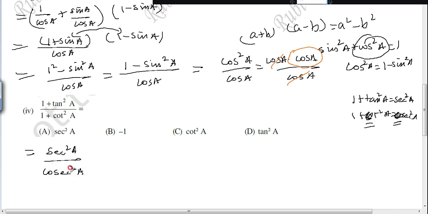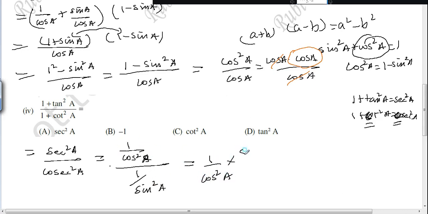1 plus cot squared A is nothing but cosecant squared A. Secant is nothing but the reciprocal of cos. S means C, isn't it? So 1 by cos squared A divided by cosecant A, which is nothing but the reciprocal of sine, so sine squared A, isn't it? So what will you get? Numerator as it is, 1 by cos squared A into sine squared A by 1.